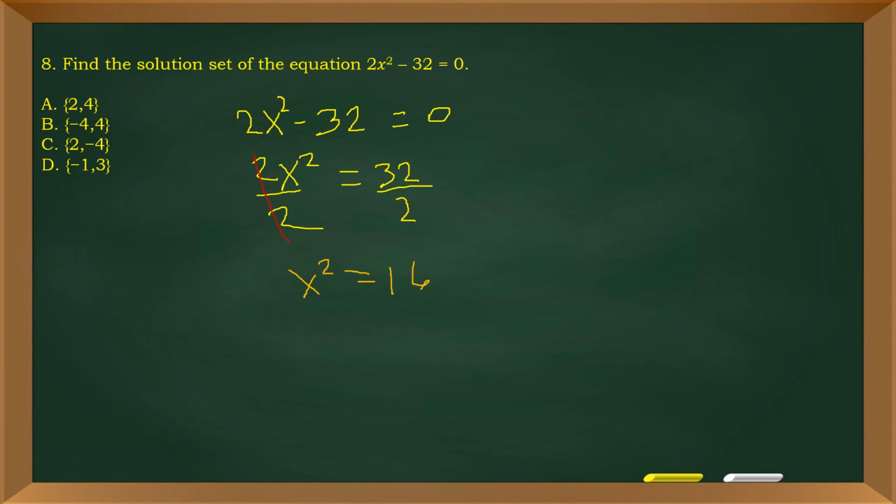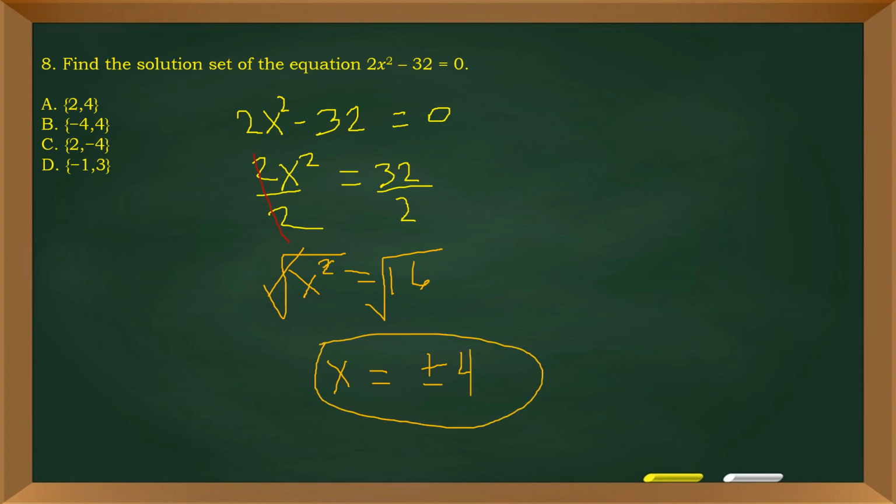16. And we can extract the square root of both sides by applying a square root property, then we can cancel out square root and square. So x equals, what is the square root of 16? Okay, that's positive and negative 4.